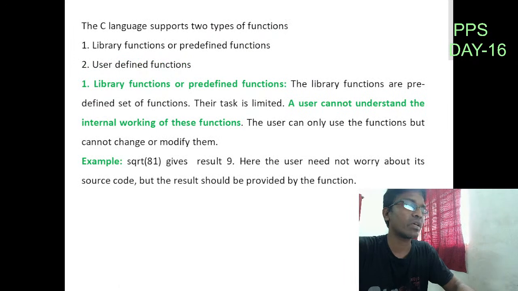So before I start with functions, let us see what the different types of functions are. In day 15 also, we discussed two types of functions, string predefined library functions and user-defined functions. Similarly, C programming supports two types of functions: library functions, which are predefined functions, and user-defined functions.